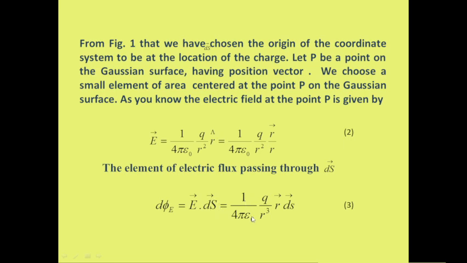So 1 divided by 4 pi epsilon naught, Q divided by r cube, times vector r dot ds. The equation for flux is E dot ds, so if we substitute the electric field equation at point P, you will get equation 3.